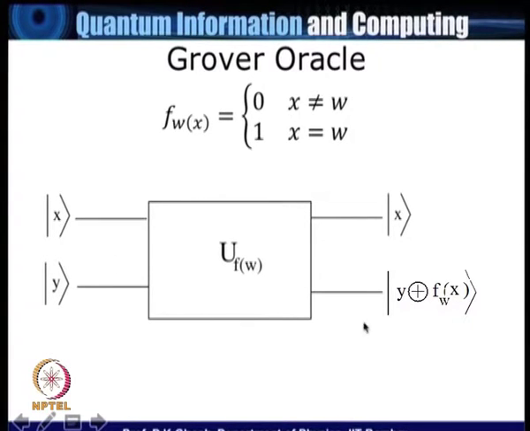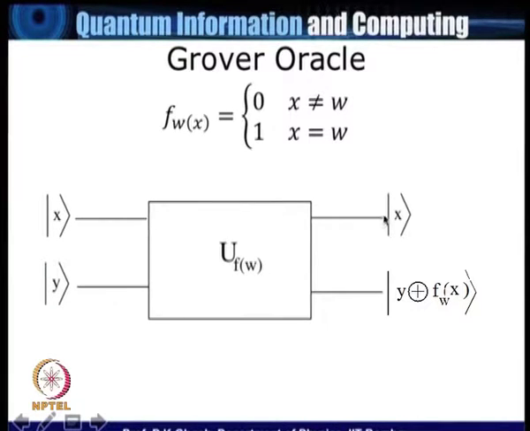This is our normal representation of an oracle. So here we have got the input x, as we have seen several times, that this input is a linear combination of a large number of states, and this y is usually set a value depending upon what you are looking for, and the black box or the oracle calculates this function corresponding to this linear combination of the input.